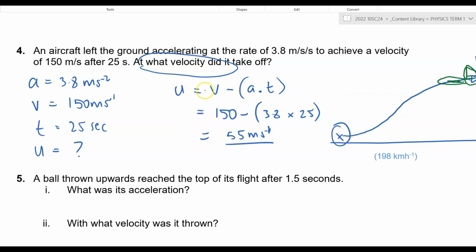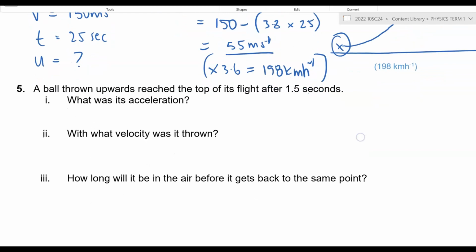Notice equal signs underneath each other and underline the final answer. Same again, if we want to know how many k's an hour that is, times by 3.6. That gives us a takeoff speed of just under 200 k's an hour, which kind of makes sense.